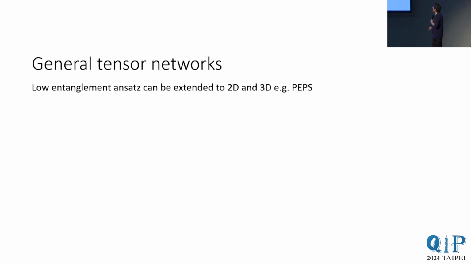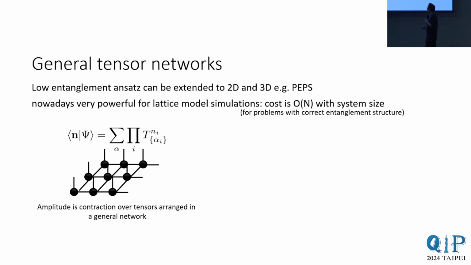Tensor networks extend this idea of providing a low entanglement ansatz in a natural way to two-dimensional and three-dimensional problems. The basic idea is that the amplitude of the wave function is obtained not by contracting a product of matrices, but by contracting a product of tensors. And so another name sometimes given to tensor networks is tensor product states, although that is liable to some confusion because you might think it's just a product state, right? But it's a product of tensors.